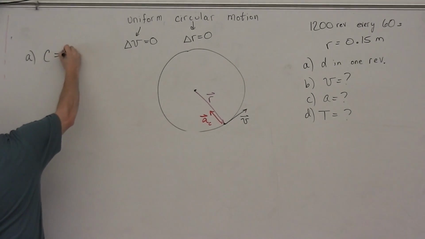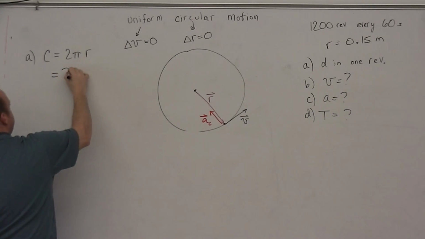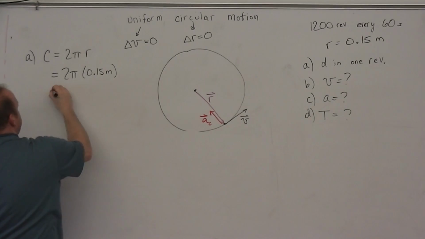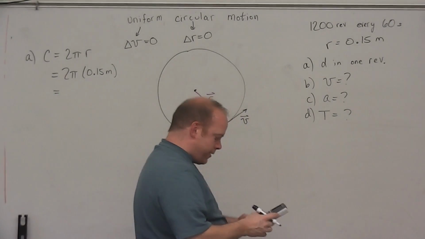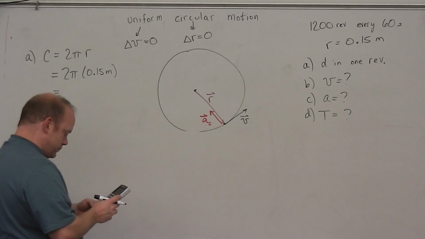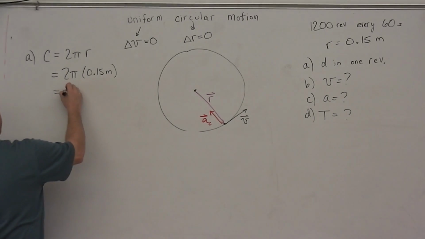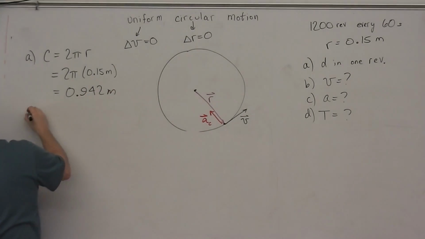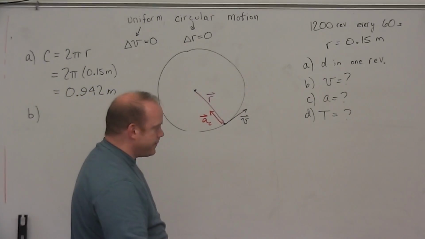The circumference is equal to 2 pi times r, so that's 2 pi times 0.15 meters. That distance is equal to 0.942 meters.